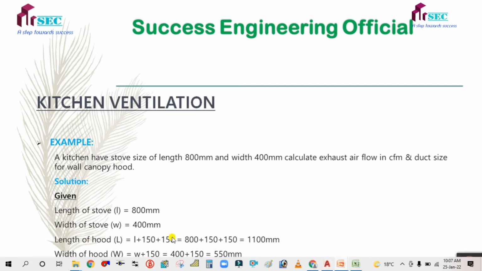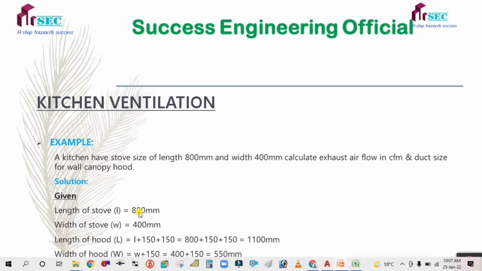So how to calculate the hood size? For the hood size, whatever the stove size, you have to add 150 mm on each side. So the length of the hood will be L plus 150 plus 150, because this is a wall canopy, so there are only 3 sides.